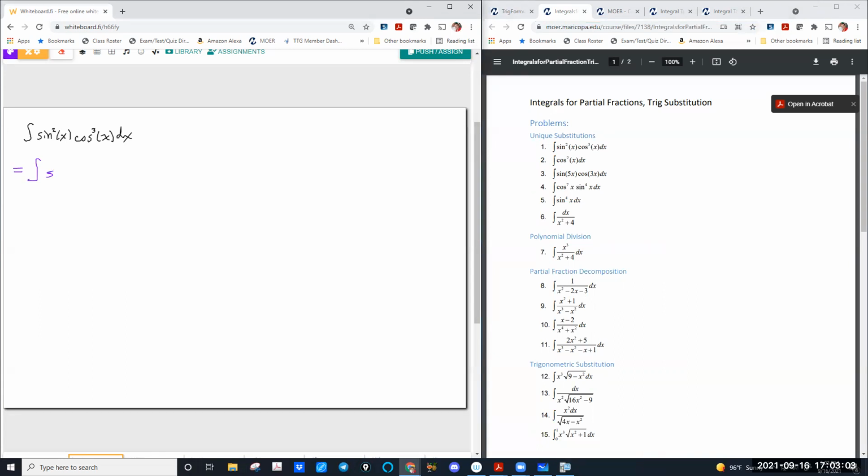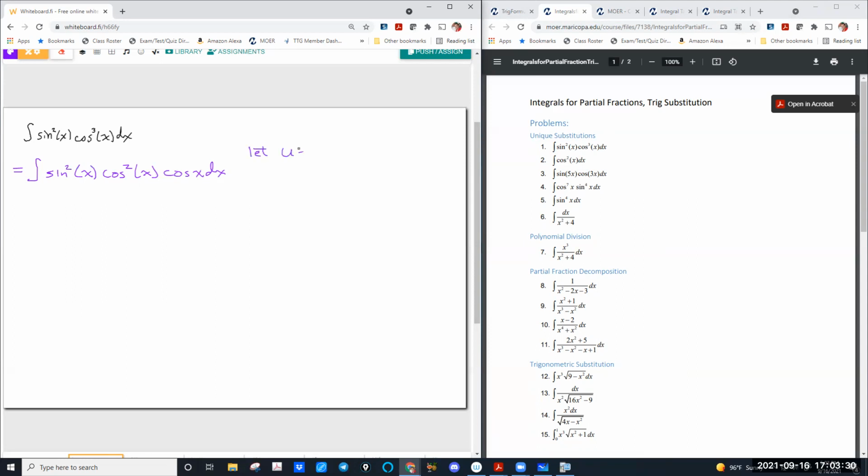I'm going to rewrite this as sine squared of x, cosine squared of x, cosine x dx. There was that extra cosine x, so I decided to split it off. And here's why: it's going to be a u-substitution.